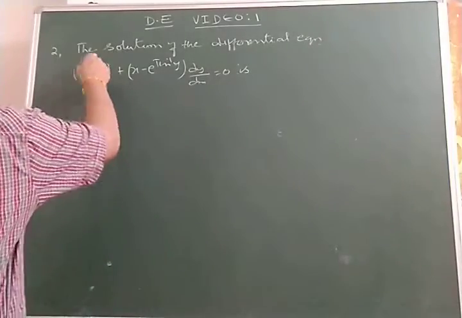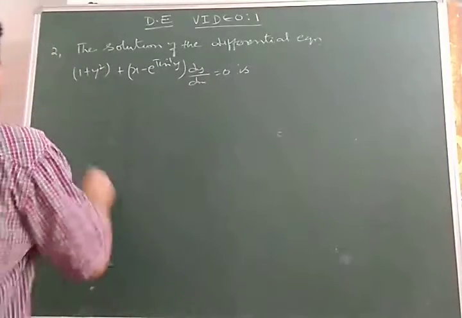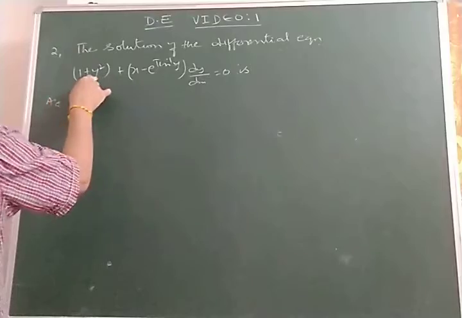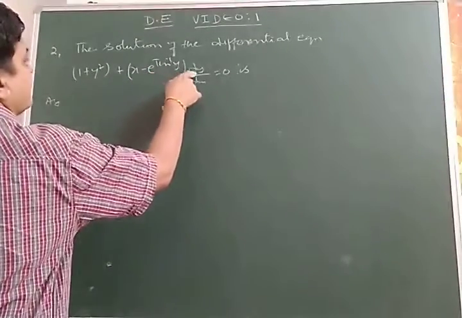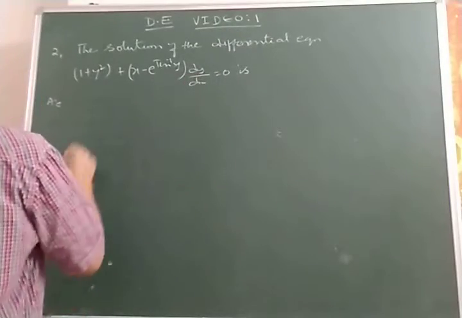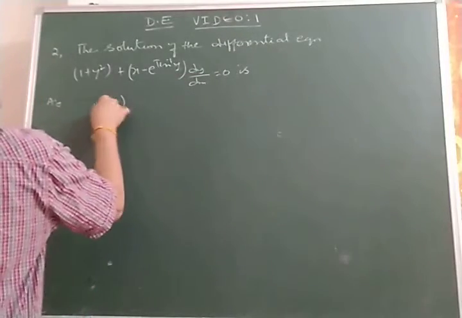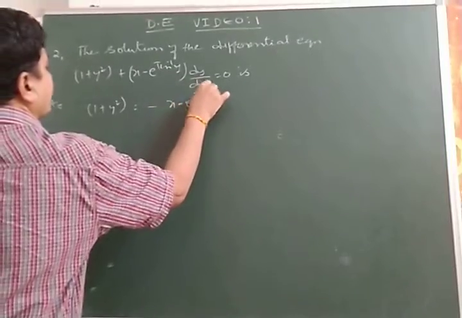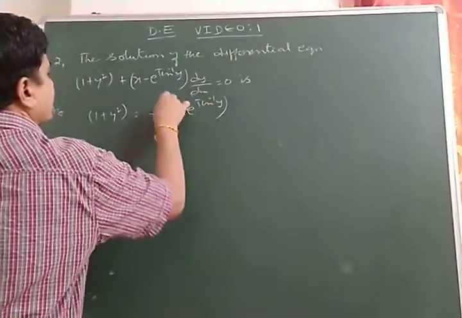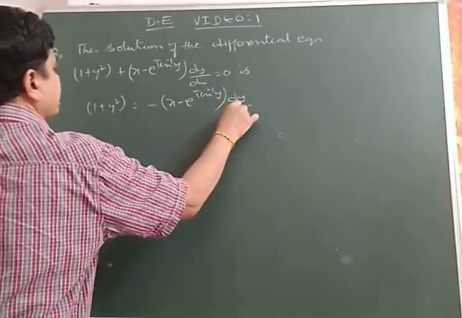Second question. The solution of the differential equation (1 + y square) + (x minus e to the power tan inverse y) into dy by dx is equal to 0. Now 1 plus y square is equal to minus (x minus e to the power of tan inverse y) into dy by dx.